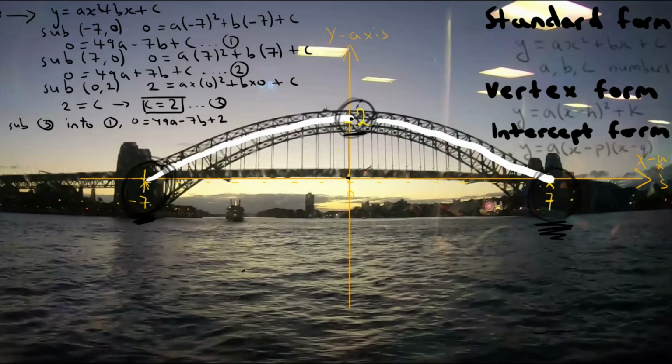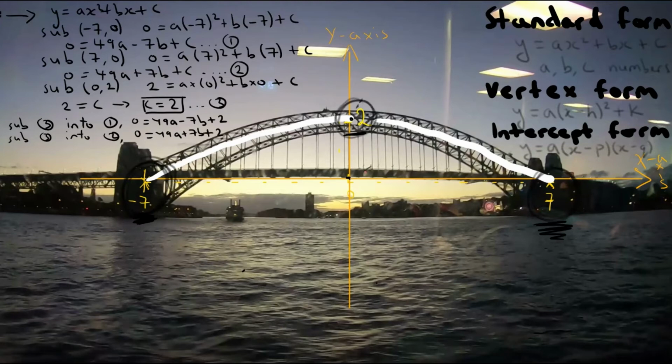Okay, and then we can also sub 3 into 2. And what we get is 0 is equal to 49a plus 7b plus 2.